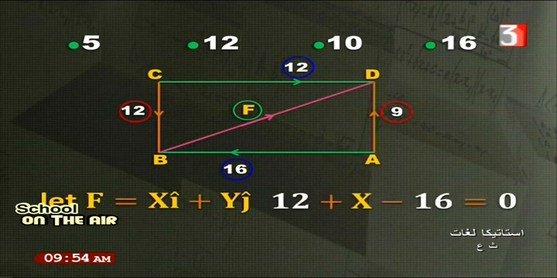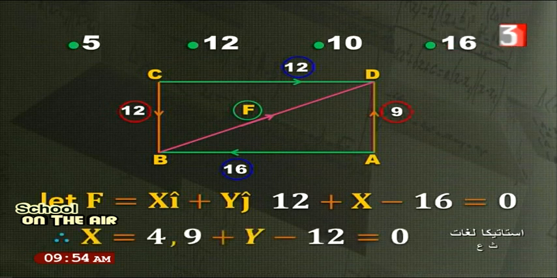12 plus x, we have 12 plus x minus 16 equals the moment, x equals 4 in this case. Therefore, 9 plus y minus 12 equals 0. We have two axes, horizontal and vertical.